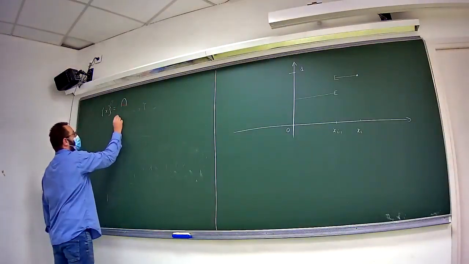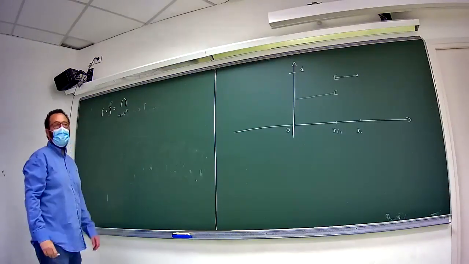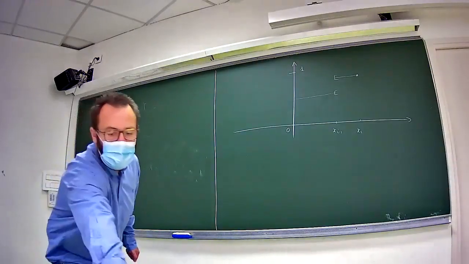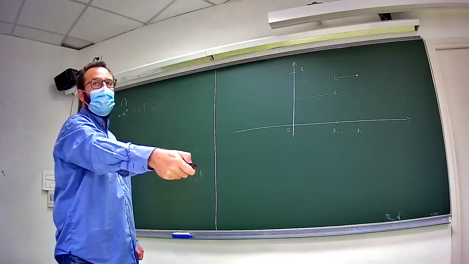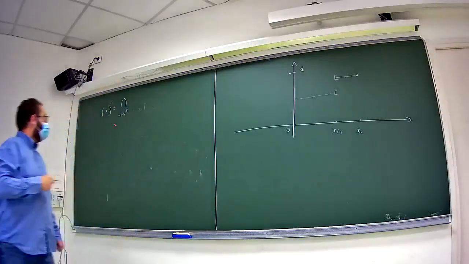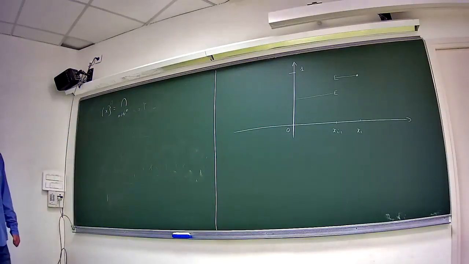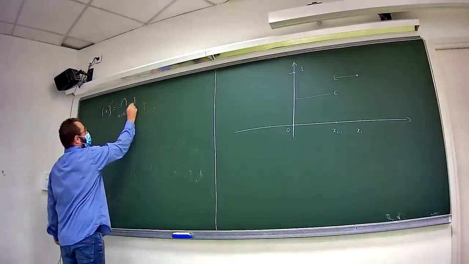It's an intersection for n belonging to N star of the following intervals that are intervals of this form here. Here you have the interval AB open at A and closed at B. Okay? And the idea is to express my singleton using this type of intervals. So I can write this way.